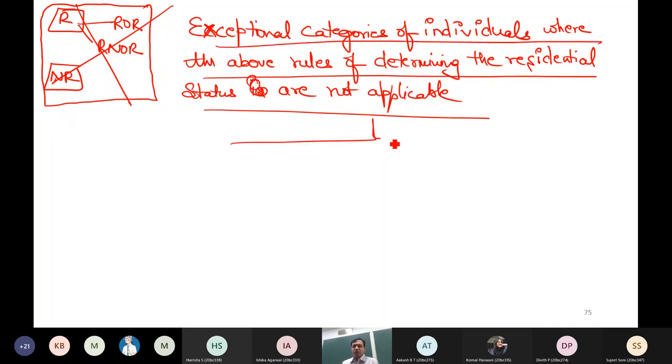So these are two such categories. There are two categories of individuals where you will not apply these rules, the basic conditions and additional conditions. No, those rules are not applicable.